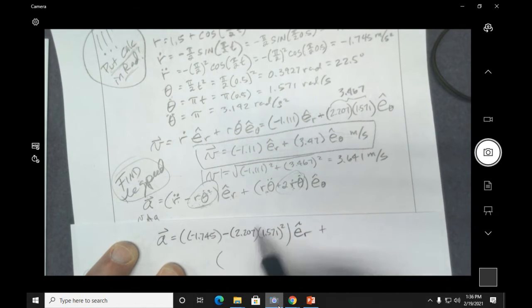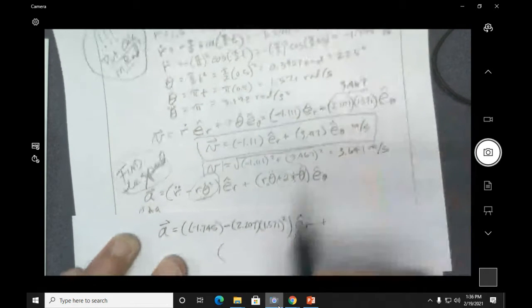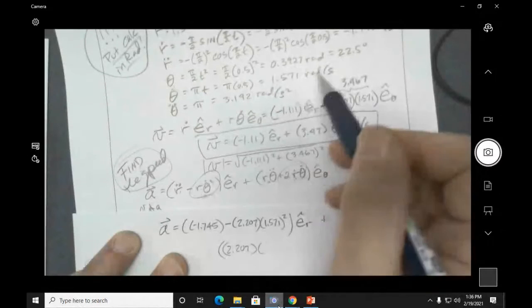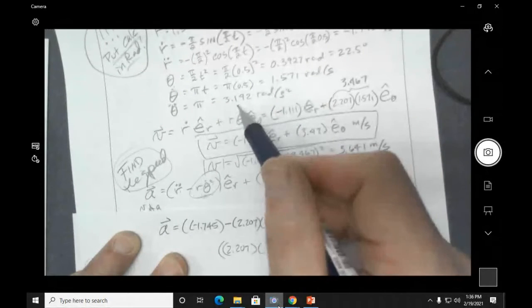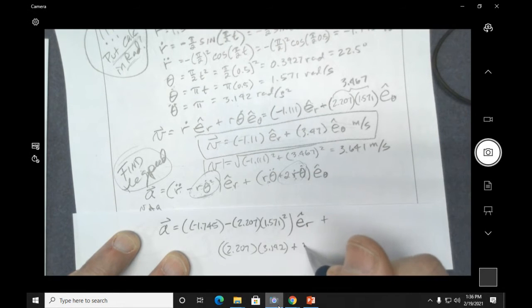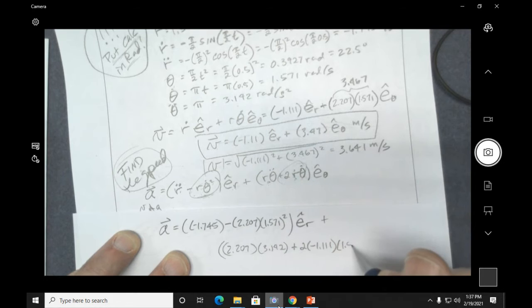Do the same thing down here, take the r, which was 2.207, take the theta double dot, 3.14742, excuse me, plus 2 times the r dot, which is 1.111, times the theta dot, which is 1.571, e theta.